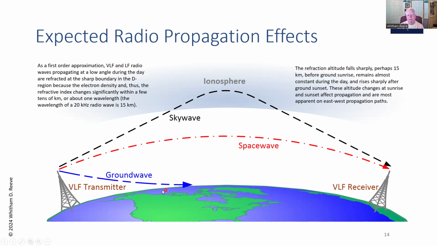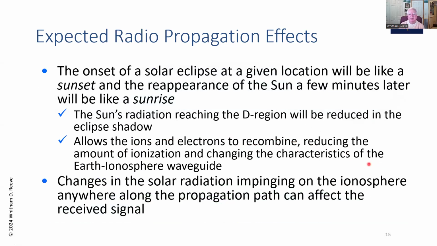Or you have a ground wave. Now, the ground wave peters out pretty quickly, so you're not able to receive that at any great distance from the transmitter. So this is the primary mode for VLF type transmissions.